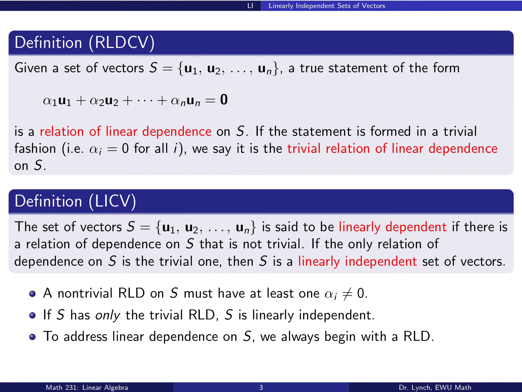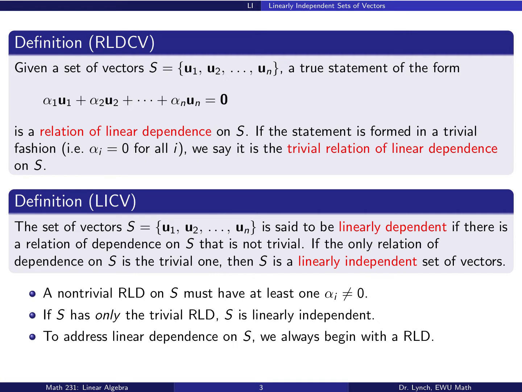To summarize this idea of a non-trivial relation of dependence, there has to be one constant alpha i that's not 0, at least one. If a set S has only the trivial relation of linear dependence, we say that S is linearly independent.